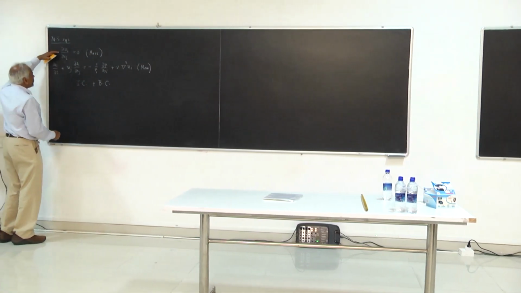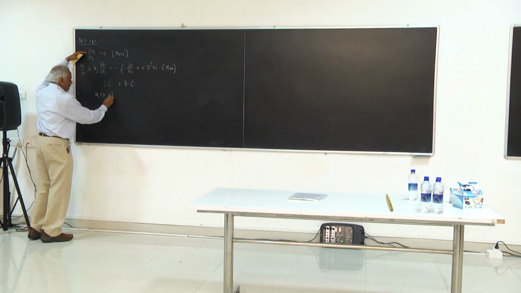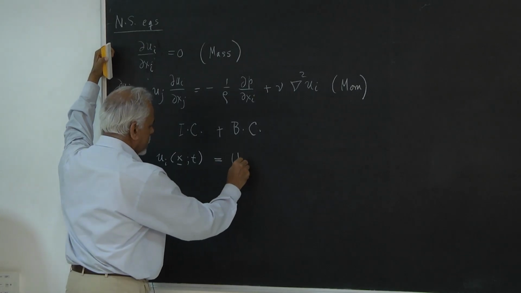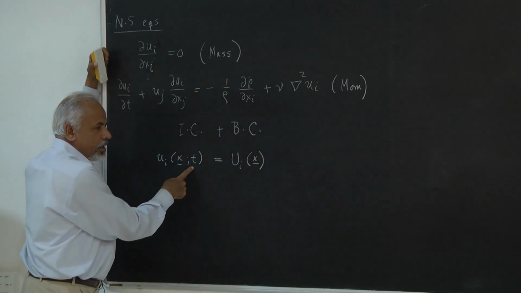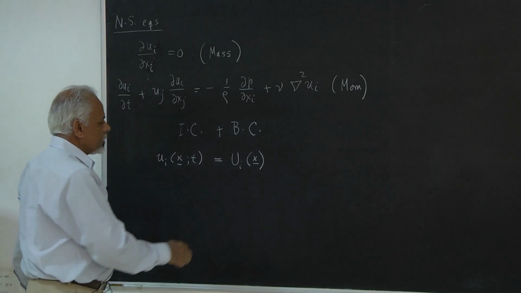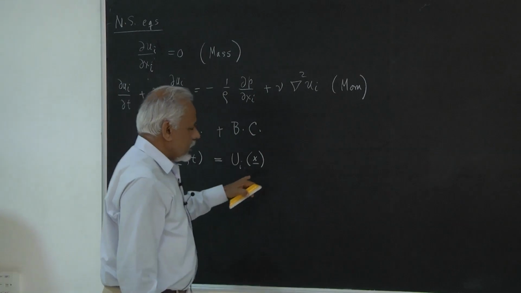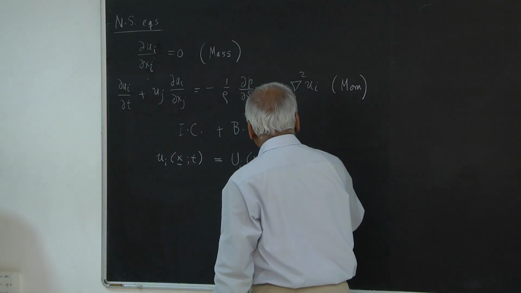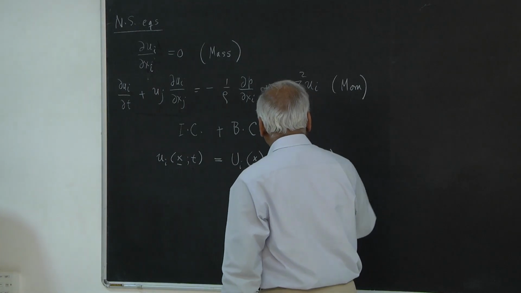So the same thing I'm going to say: ui, which is the velocity at any spatial point and at any given time, is a mean value Ui at x. And of course, it won't depend on time if you are doing the time averaging. Although time averaging is what I have in mind, it doesn't have to be that, but I will for now leave it like that. And then you have a fluctuation on it, ui prime, which will depend on x and t.